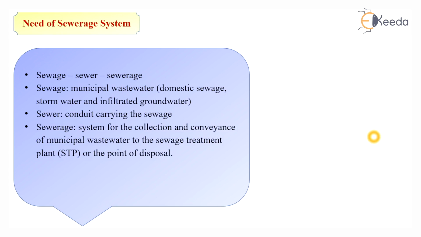And the sewerage system is the pipe network of different connectivity of a number of pipes for the collection and conveyance of municipal wastewater to the sewage treatment plant or to the point of disposal. The need of a sewerage system is for the safe disposal of sewage and to reduce environmental pollution.